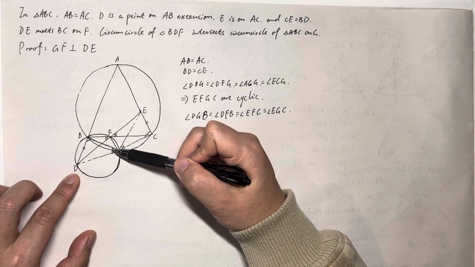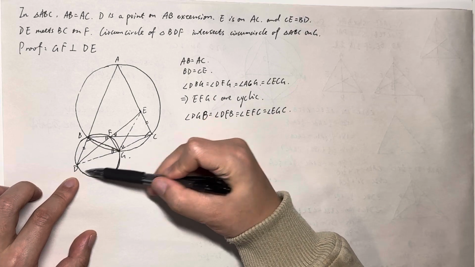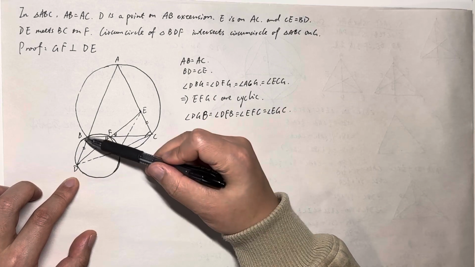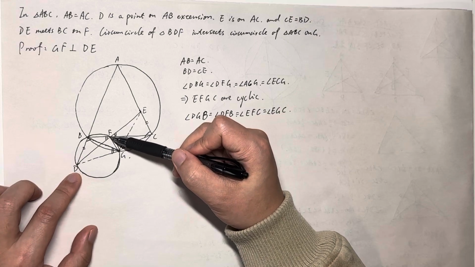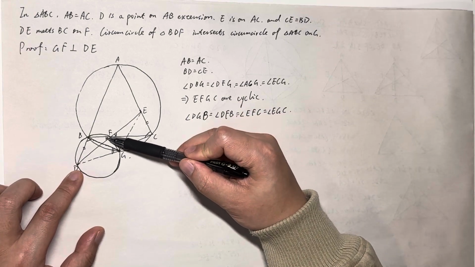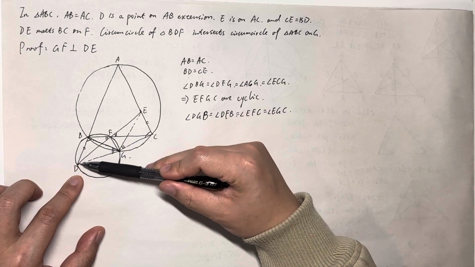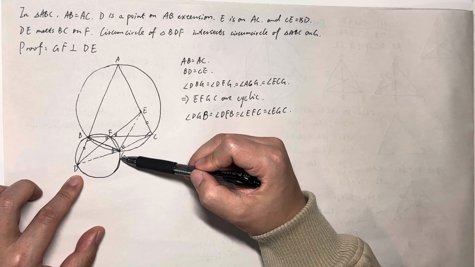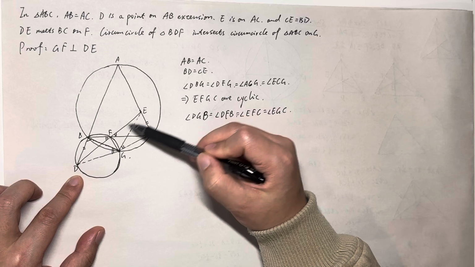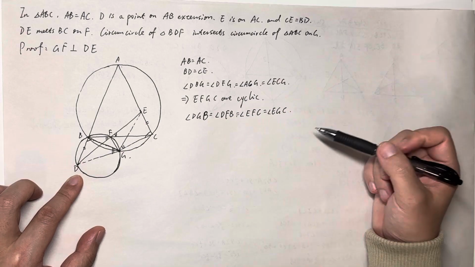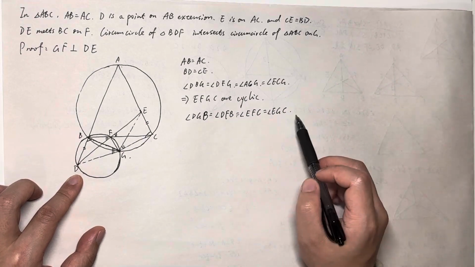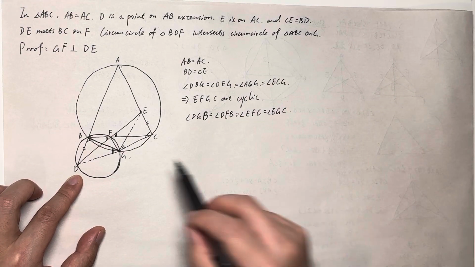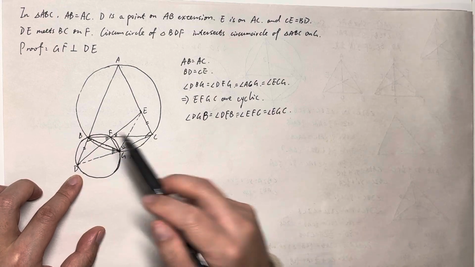So this equals this because BDGF are cyclic, and angle DFB equals angle EFC. And because FGCE are cyclic, these two angles are equal. So we got this one. Then we know that at least, right?